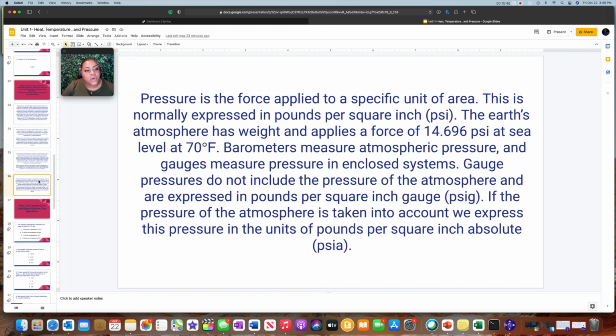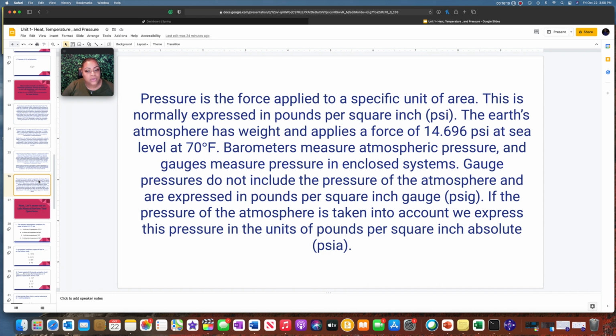All right, so pressure is the force applied to a specific unit of area. This is normally expressed in pounds per square unit. The Earth's atmosphere has weight and applies a force of 14.696 psi at sea level at 70 degrees Fahrenheit. Barometers measure this pressure, and gauges measure pressure in enclosed systems.